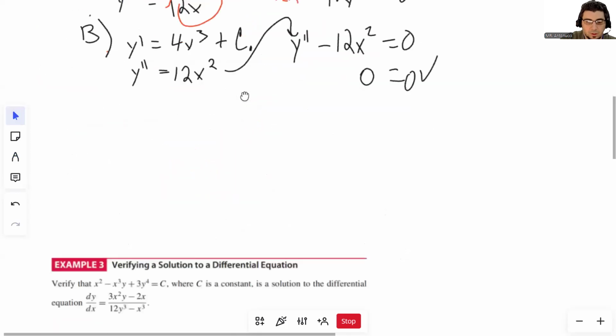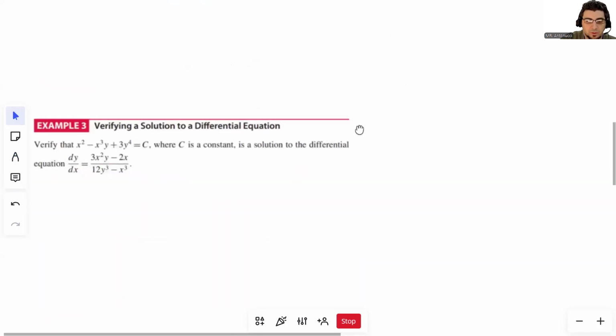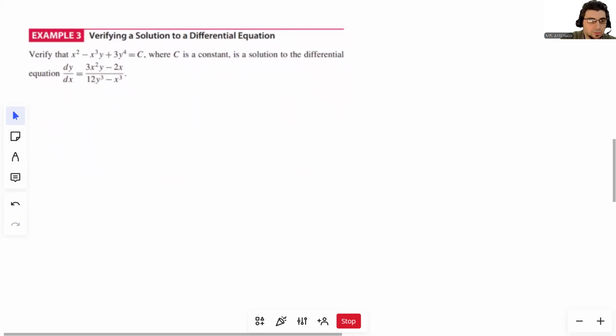Okay. So next thing we want to do is look at this differential equation here and verify that the equation x squared minus x cubed y plus 3y to the fourth equals c is a solution to this differential equation right here. So sometimes all you have to do is differentiate, solve for dy dx, and you're good there.